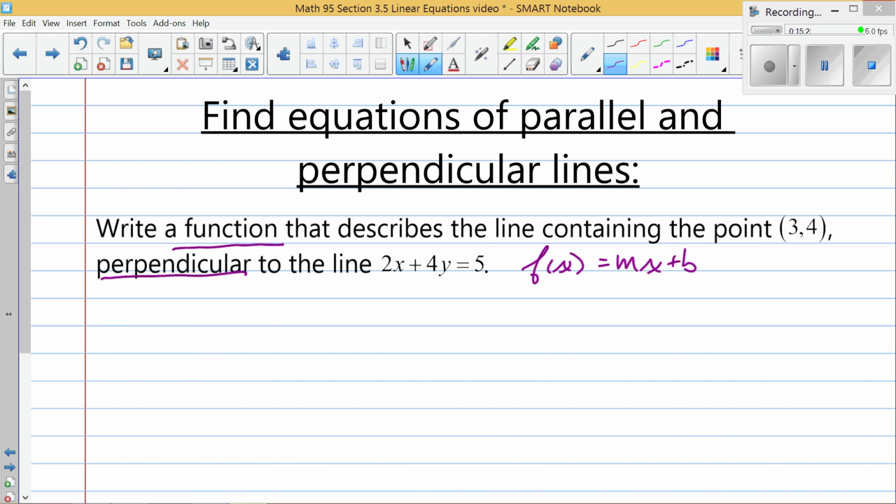In other words, slope-intercept form. So again, we have a point, and we have another line we're working with. And so I need to find the slope of this line before I can do anything else. So we're going to find the slope of that guy, which means get it into slope-intercept form.